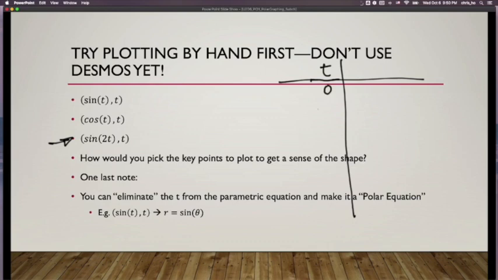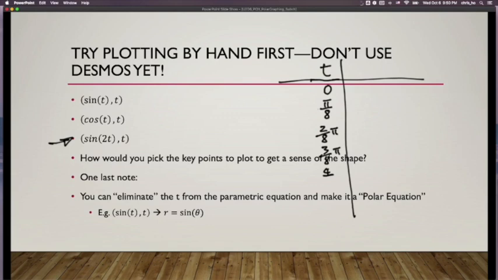And then I'm going to go to 1/8 of a pi, pi divided by 8. And I'm going to increment by 1/8 of a pi every time. So this is going to be 2/8 times pi. I'm just going to leave it at that. And then 3/8 times pi.